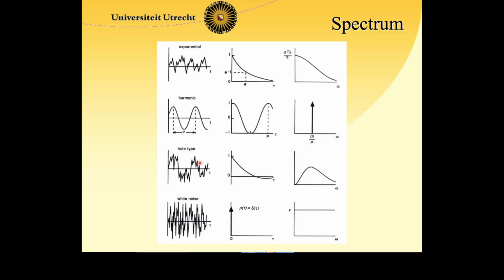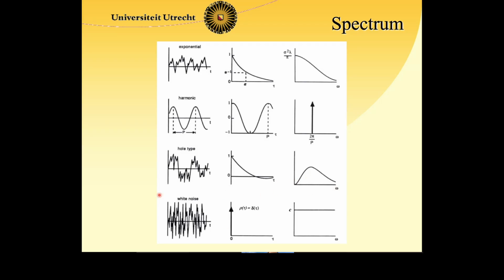If this is a so-called Hall type random function, it has an exponential type of correlation function, but it goes through 0 and then it basically fades out to 0 at larger lags, and this is the spectrum of that.